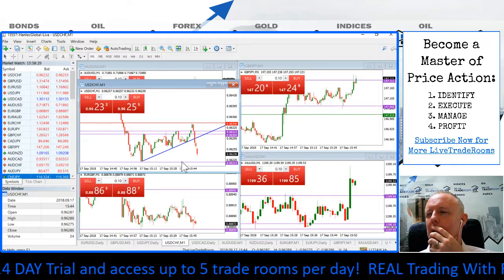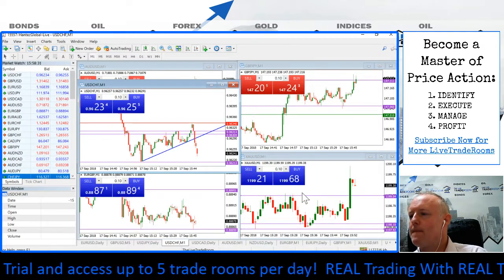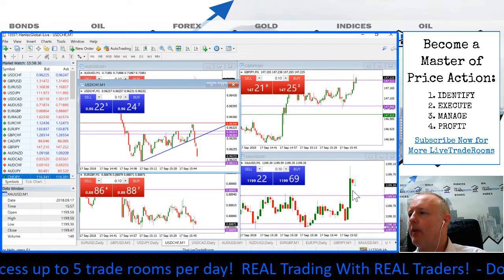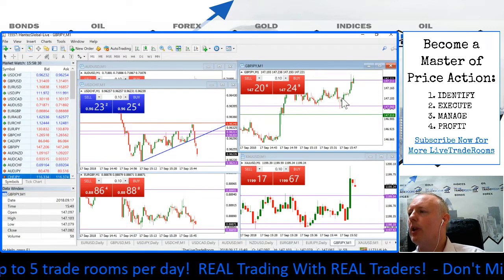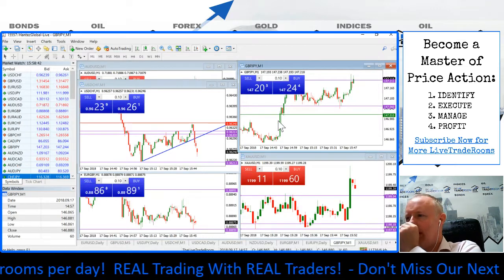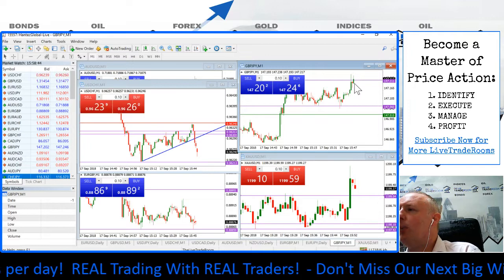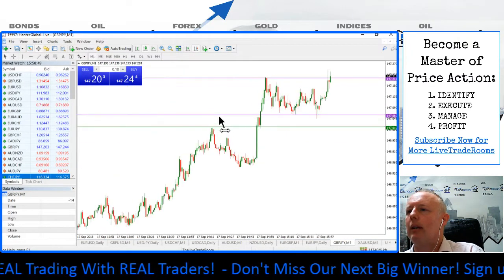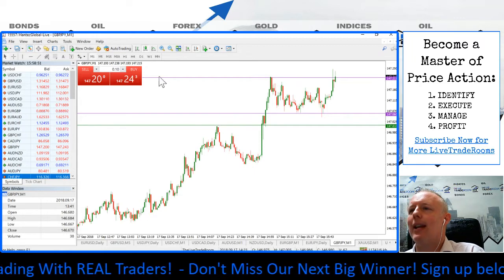So we still have this level sitting in here. Looks like we're getting a little bit of a pullback in the gold market, so we might be able to get into some trades very shortly. I'm also looking at the pound yen. It would be worthwhile taking if we get a normal close above the 147.21 level. Might be worth getting into this.